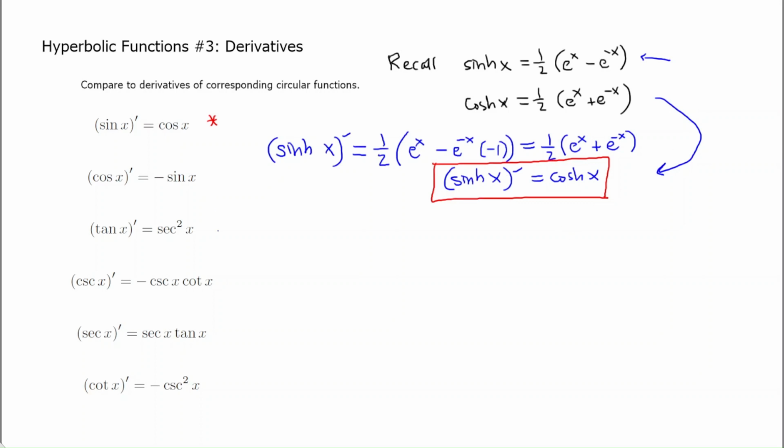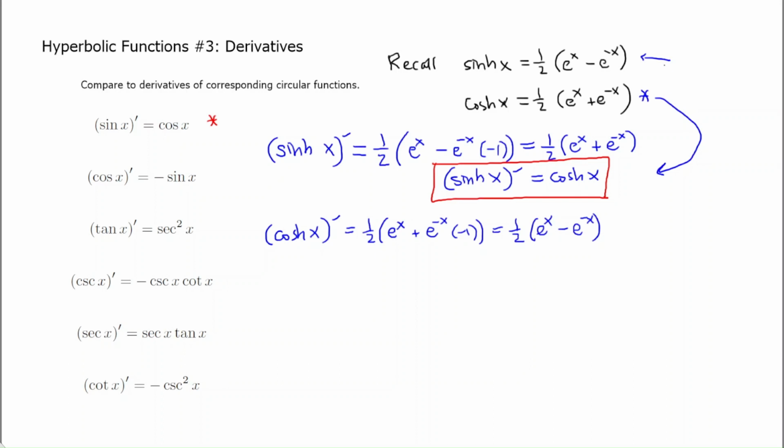Let's now do the derivative of the cosh function, cosh x prime. Once again, I'm going to take its exponential definition here and take the derivative. So I have 1/2 e to the x plus e to the minus x, except we get that chain rule, -1 coming down. So what we find is that we get 1/2 e to the x minus e to the minus x.